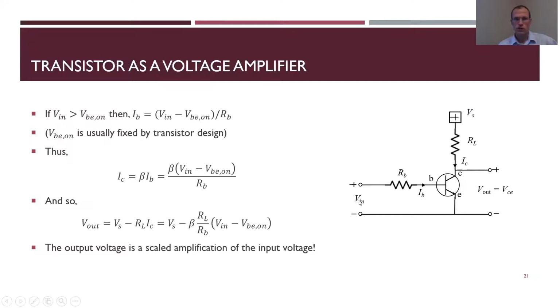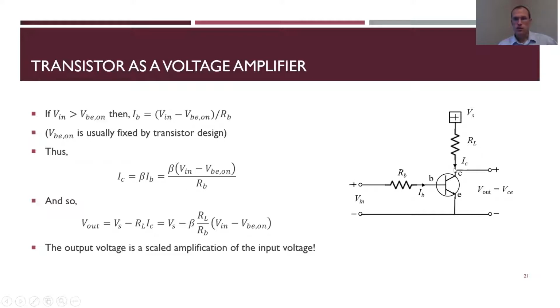So current is V in minus VB on, that's how much I need to turn it on. So that's basically the voltage coming in to the base. Divide that by this resistance RB, and that gives me the current IB. And then I can find my collector current using the current gain beta. So IC is beta times IB, so beta times the relationship we had up there.